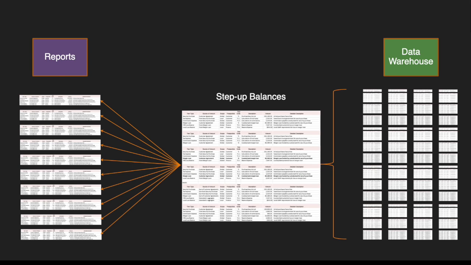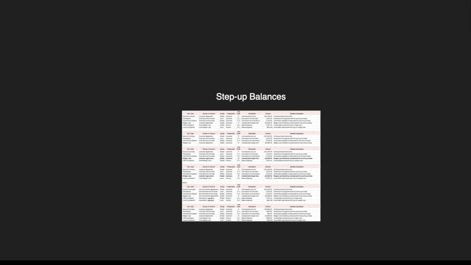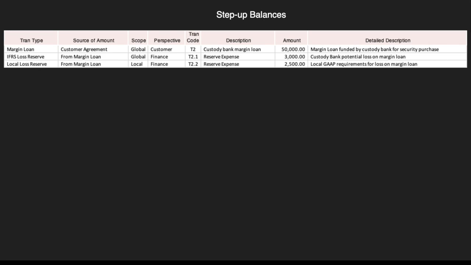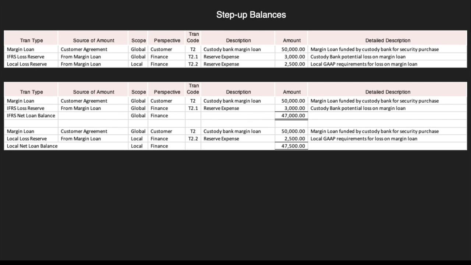Step-up balances eliminate the volume problems of using transactions. Let's use as an example the loan loss reserve balances that need to be calculated for both a global perspective and locally. Suppose that the local reserve is calculated based upon IFRS rules plus some delta or change off of that.